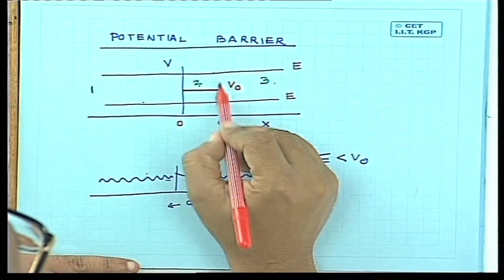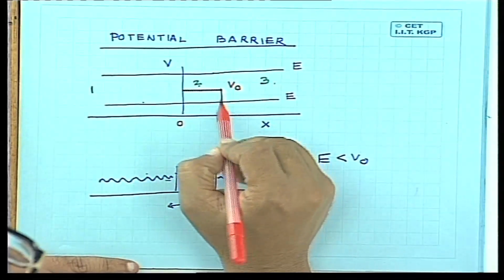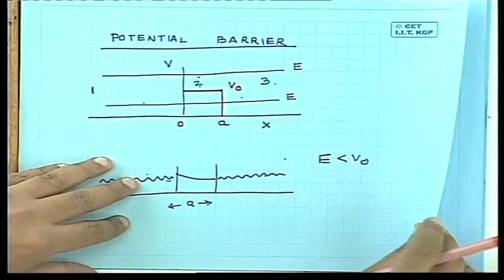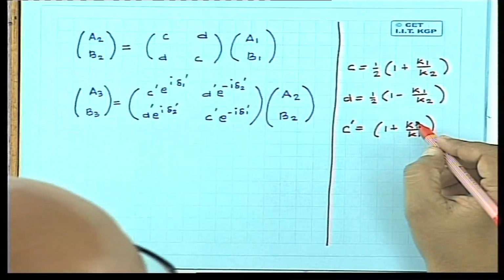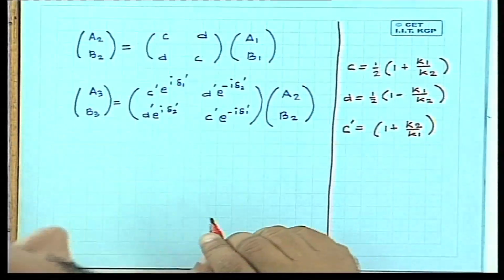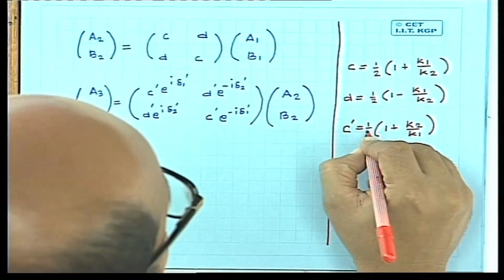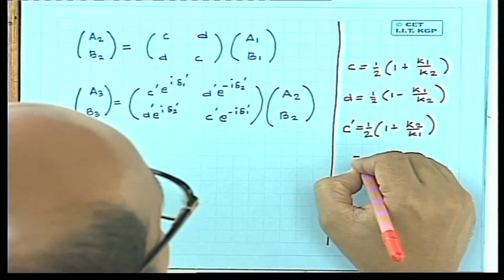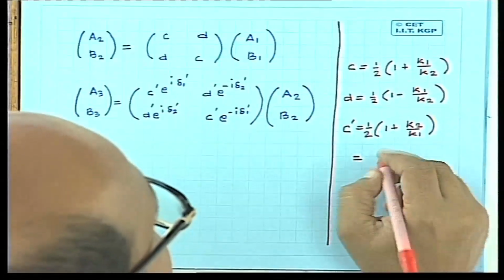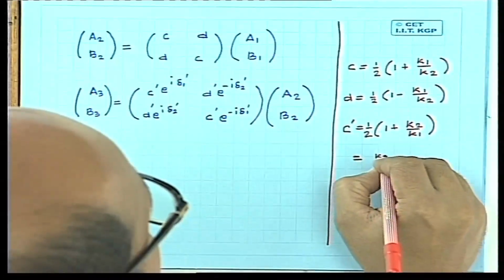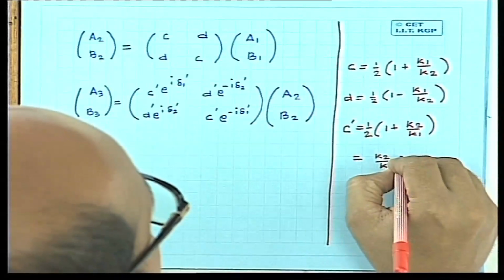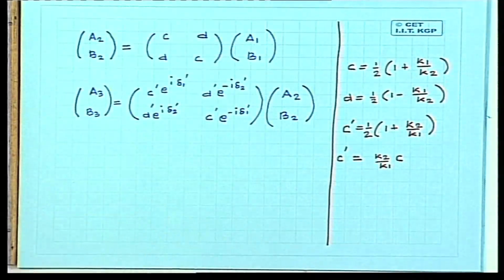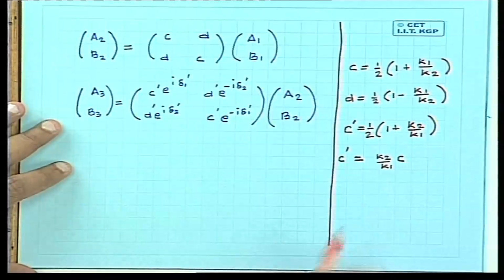So when you look at this step over here, it will be the ratio of the wave number in this region divided by the wave number here, which is K2 by K1, half, which is equal to K2 by K1 into C. So C prime is K2 by K1 into C.